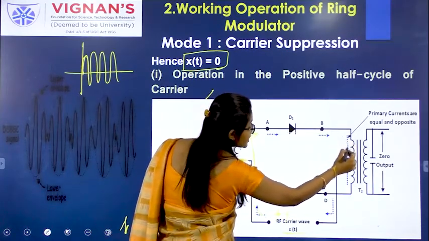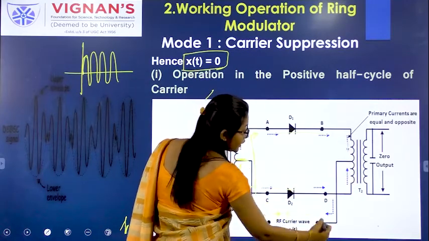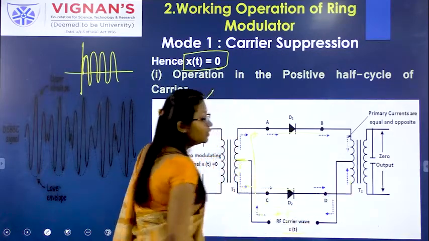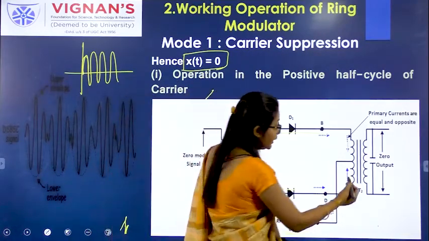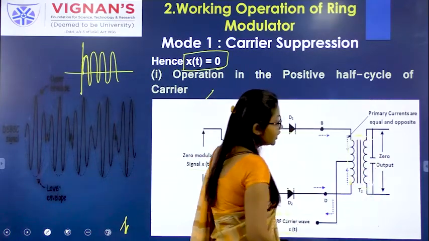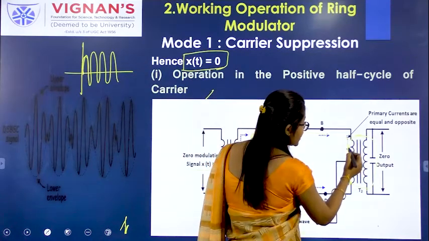If you see the dots, these are the current flow. Again there is a center tap transformer here, so there is a change in the direction, right? So finally at your output transformer, what you are observing are two directions, right?